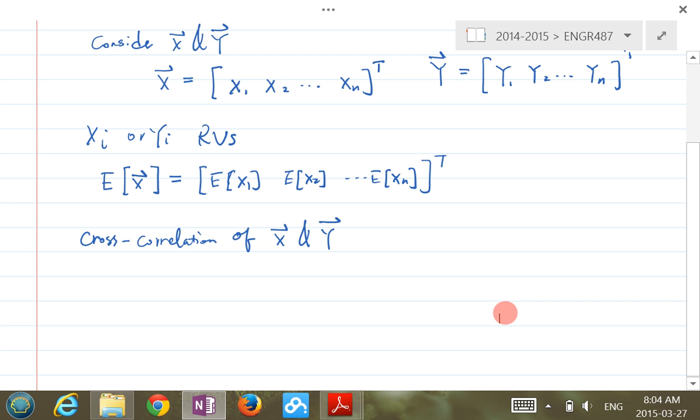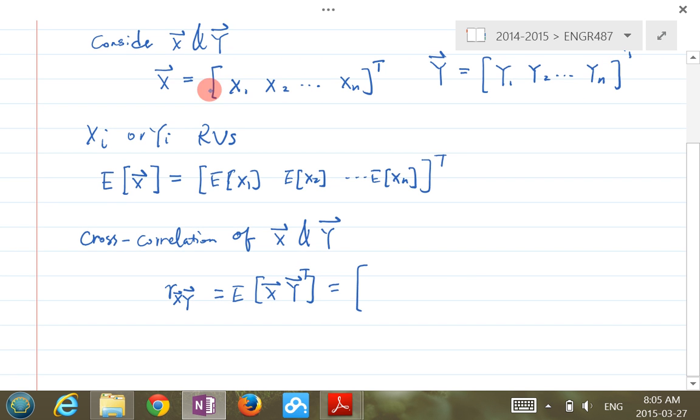The formula is Rxy equals the expected value of x times y transpose. So it's this vector times the transpose of this vector.